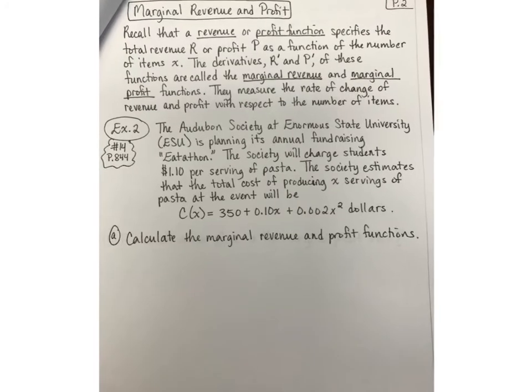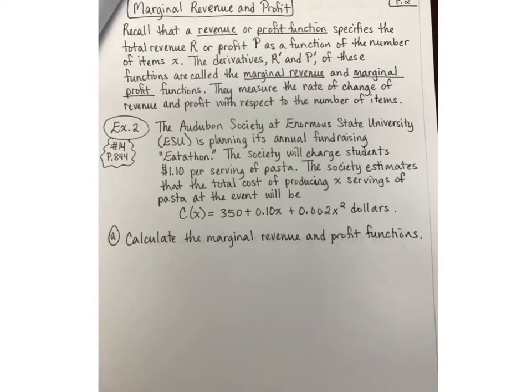Next, the marginal revenue and profit. Recall that a revenue or profit function specifies the total revenue R or profit P as a function of the number of items X. The derivatives R prime and P prime of these functions are called the marginal revenue and marginal profit functions, respectively. They measure the rate of change of revenue and profit with respect to the number of items. So, example 2.